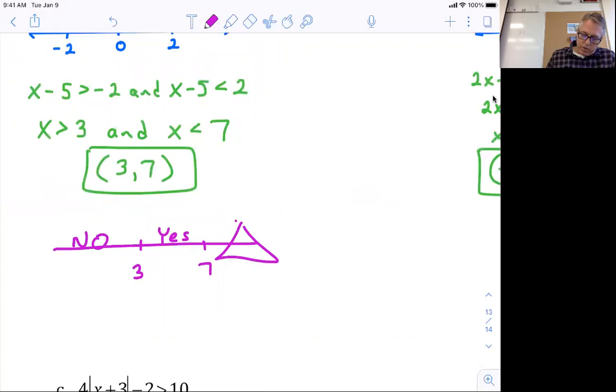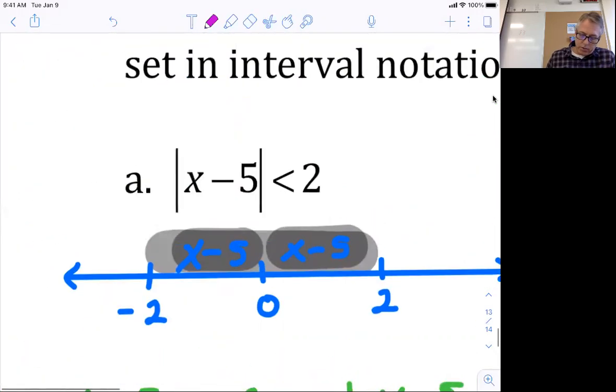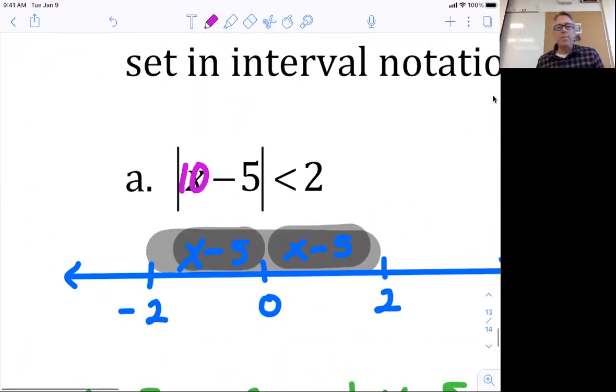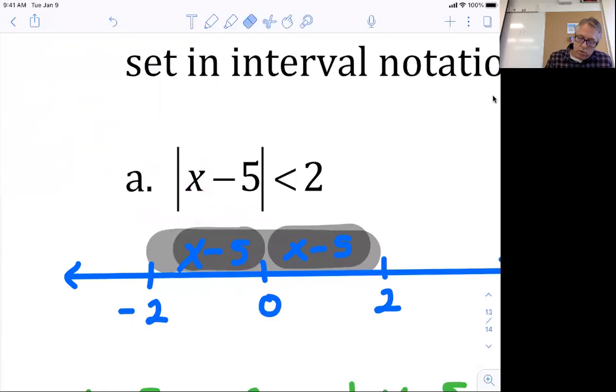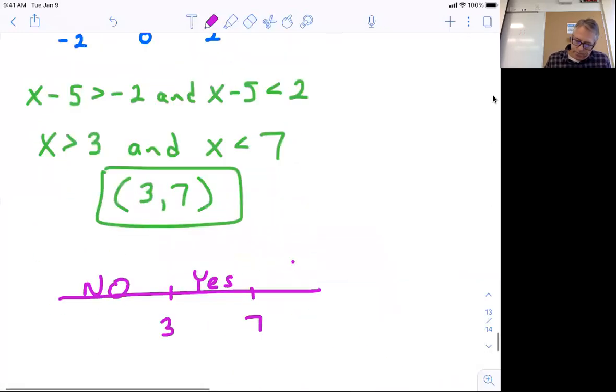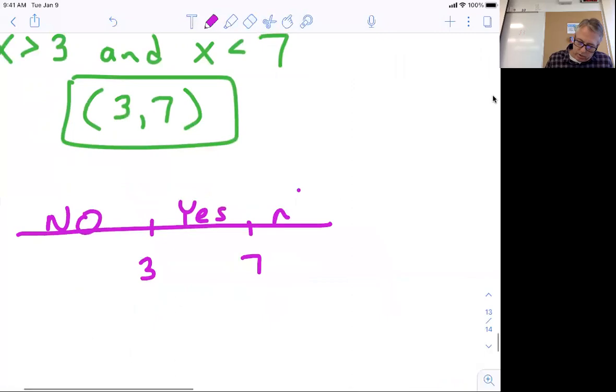And then if I pick another one in this right region, like 10, and I plug that into the original, 10 minus 5 is 5. The absolute value is still 5. That is not less than 2. So that did not work. Therefore, that region does not work.